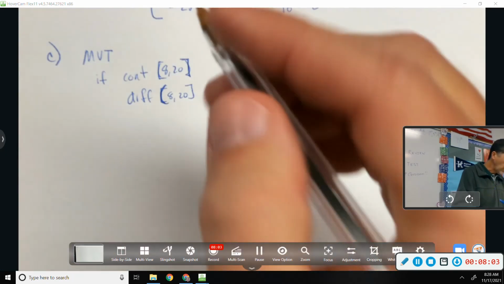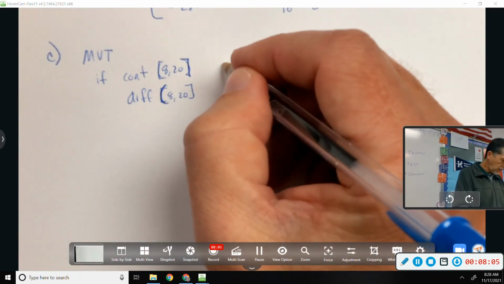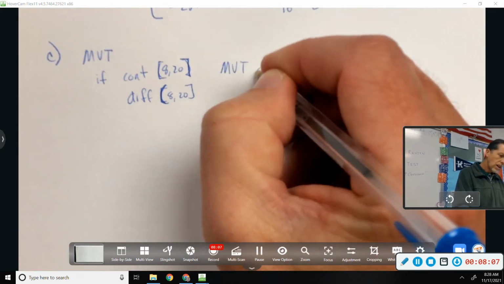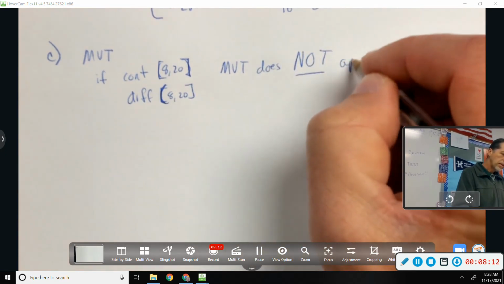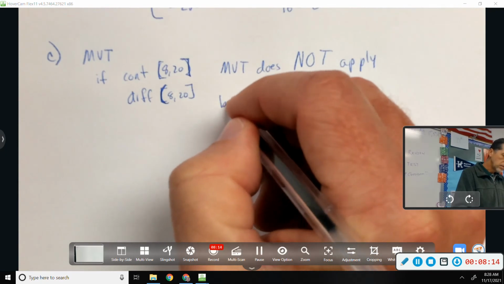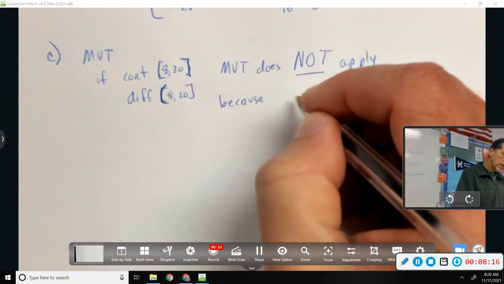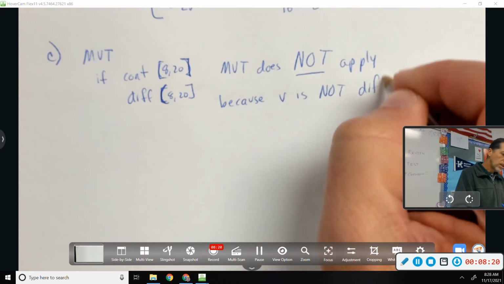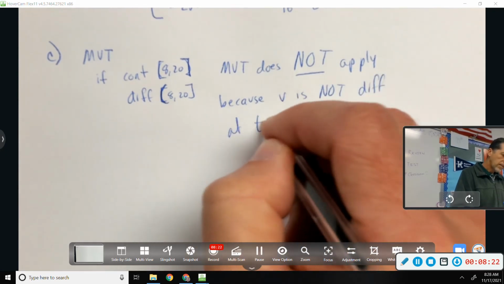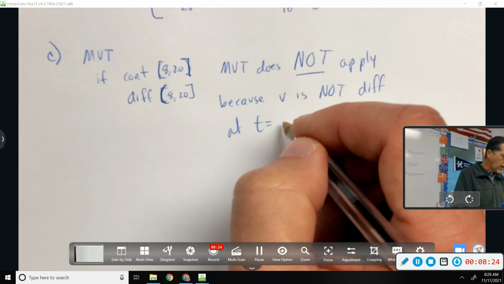So why or why not? MVT does not apply because v is not differentiable at t equals that cusp, 16.